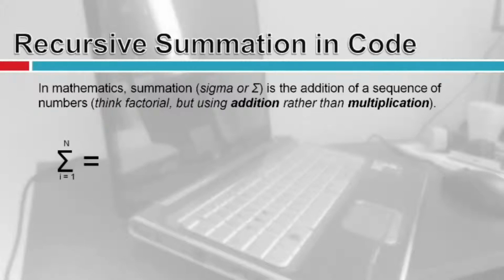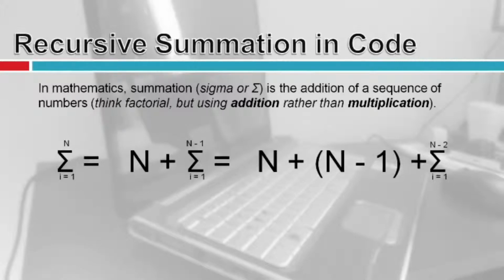So here's sigma. We still have the variable n, and as n goes down to 1, we add those numbers up. So sigma of n, with i from 1, is really n plus sigma of n minus 1, which is really n plus n minus 1 plus n minus 2, and so on.